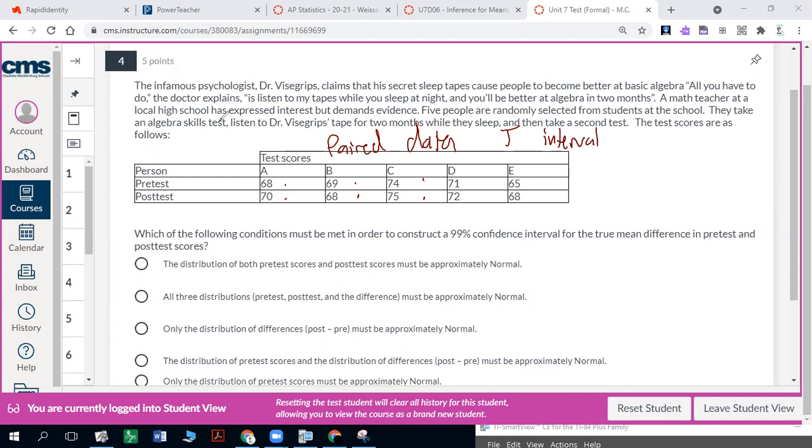So when we're talking about the normality condition, all you got to worry about is the difference is approximately normal. You don't have to worry about the individual samples being normal. You want to know the difference is approximately normal. Because all we're trying to do is take out the variability in this, right? We want to know, are there any strong outliers or skewness to that?